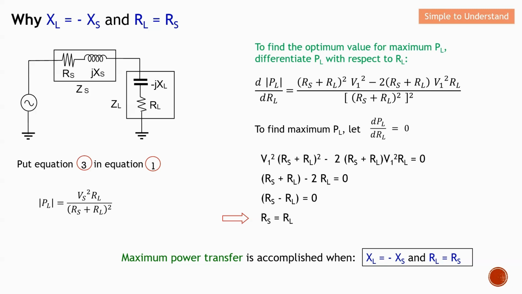In order to achieve maximum power transfer, I need to fulfill two conditions. First, the load reactance must be the complex conjugate of the source. Second, the real load, which is the resistor load, must be equal to the source resistance. Then I will be able to achieve maximum power transfer.